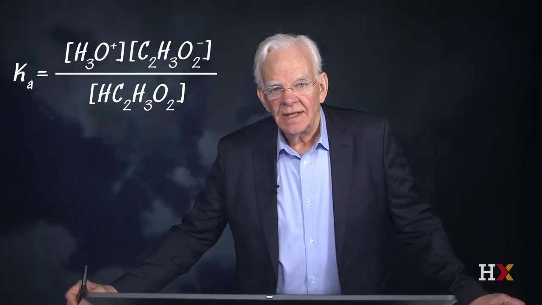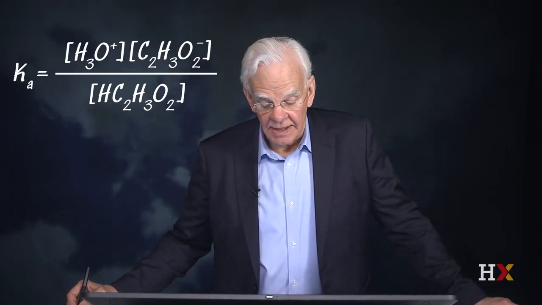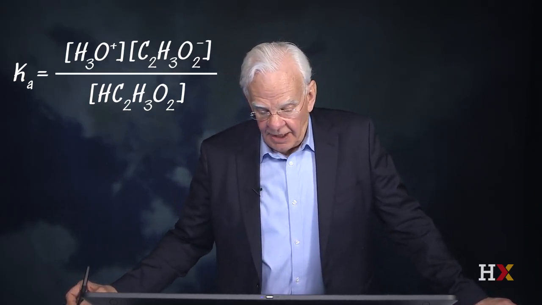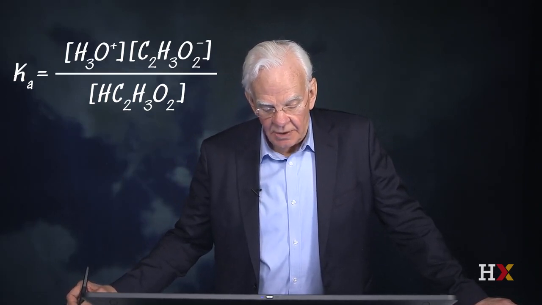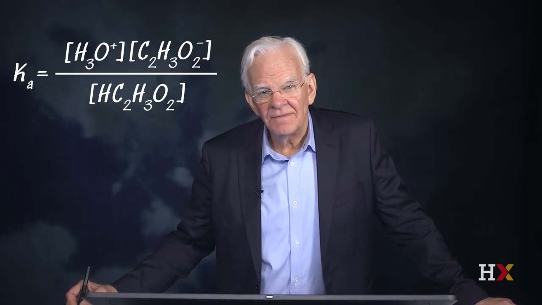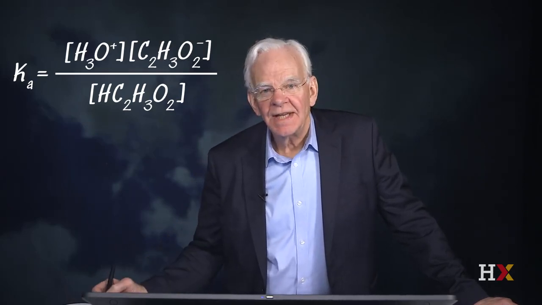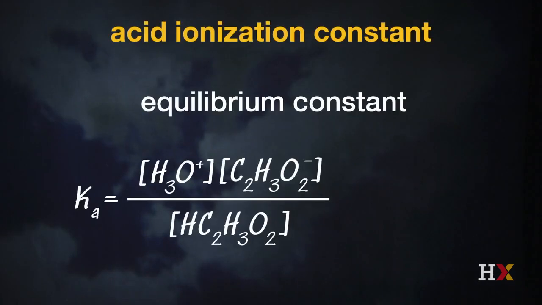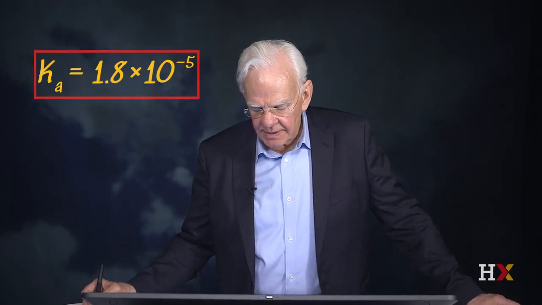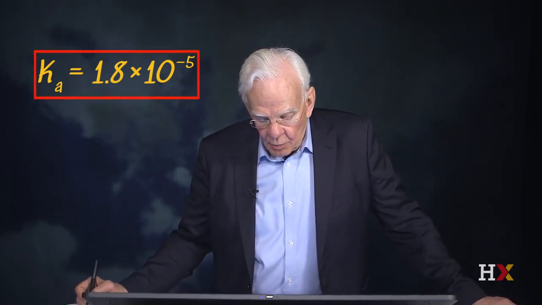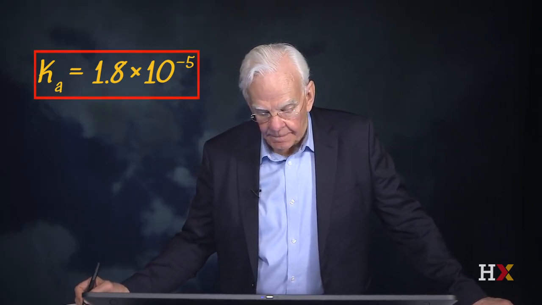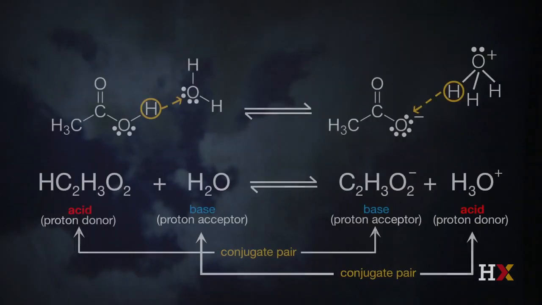And so that's very important. That designates our acid ionization constant, and it tells us the character of that acid reaction. If that equilibrium constant is very, very small, and by the way, for acetic acid, that acid ionization constant is 1.8 times 10 to the minus 5, that means it's very small, and that means that the reaction, when it comes to equilibrium, is going to be primarily made up of reactants.